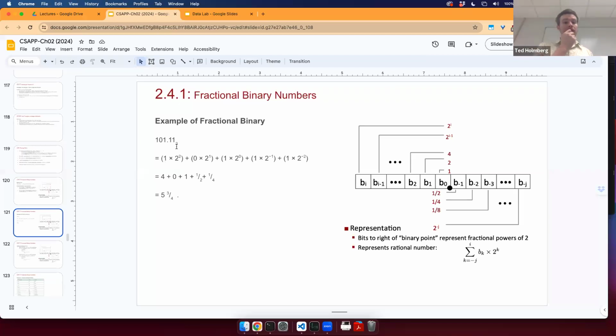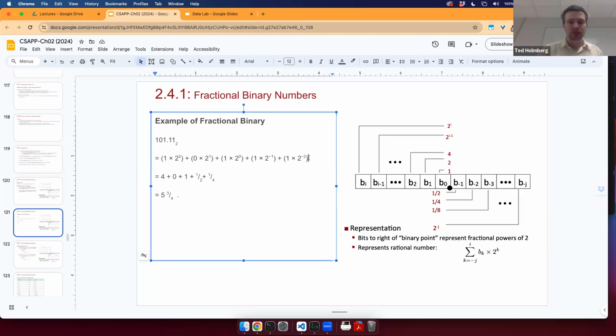If I want to represent that in the form that maps to the sigma summation, I can take each of the positions inside my bit vector and express them as so. I take the most significant value of 1. Here would be my 1's place, my 2's place, my 4's place. So that's 2 to the power of 2, so I take 1 times 2 to the power of 2.